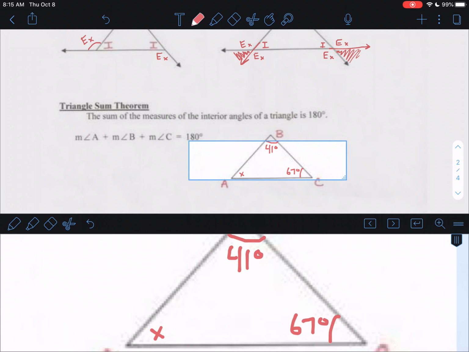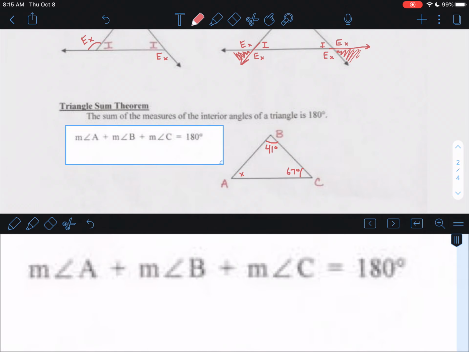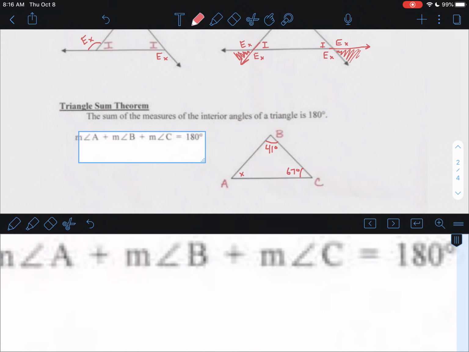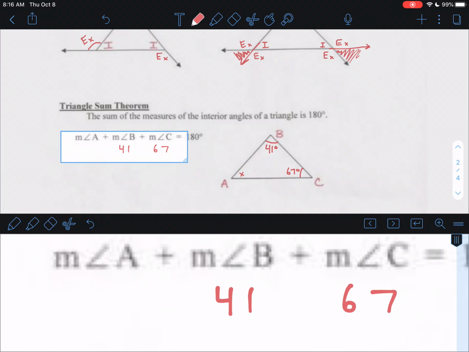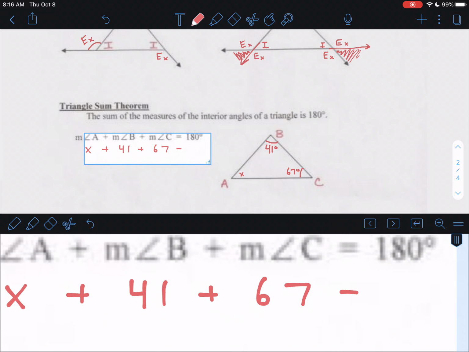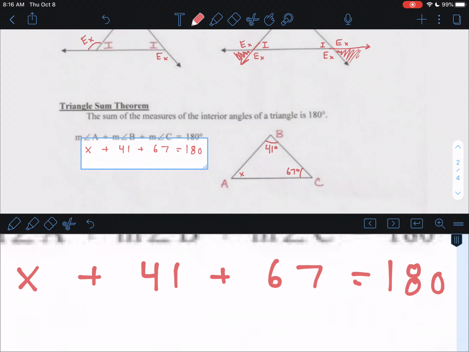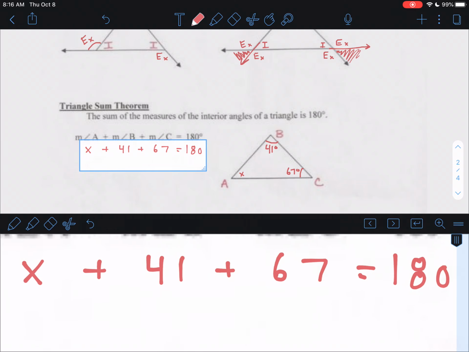So if I see something like this, if I know two of my angle measures, I can basically just plug it into here. So the measure of angle B is 41. The measure of angle C is 67. The measure of angle A is x. So x plus 41 plus 67 equals 180. I'm going to solve this problem for x now. So I start by combining my like terms on the left side. So 41 plus 67 gives me 108.